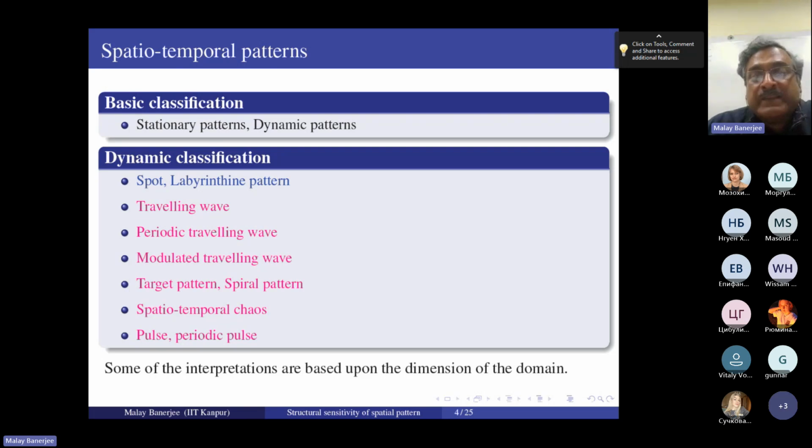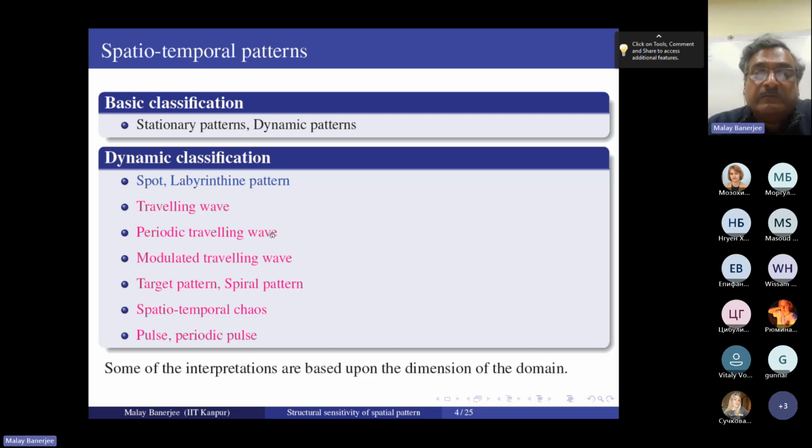But what I'm trying to say is, sometimes we have observed that periodic traveling wave in one dimension can replicate the type of patterns we observe in two dimensions, which are target pattern or spiral pattern. So mostly spiral pattern, that means which keeps on whirling around a head with an arm, that can be captured through a one-dimensional periodic traveling wave.